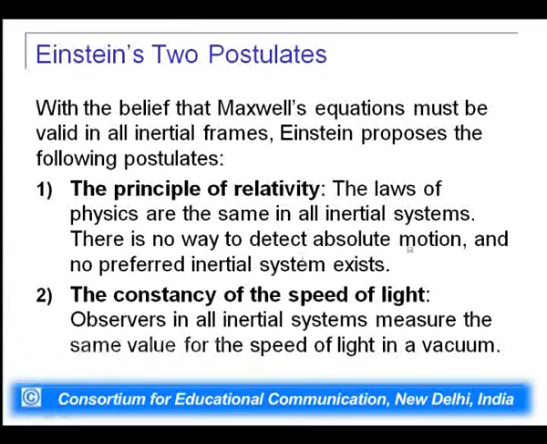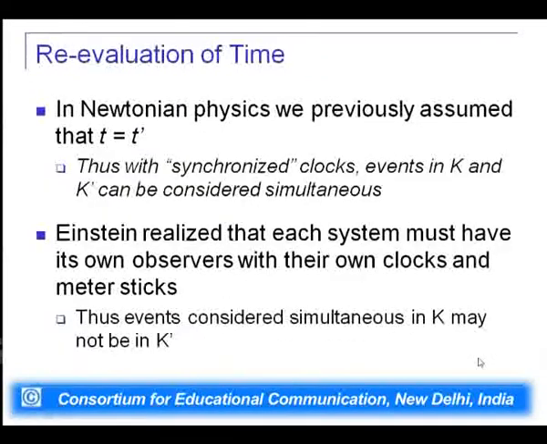There is no way to detect absolute motion, and no preferred inertial system exists. The second was the constancy of the speed of light. The speed of light is constant. Observers in all inertial systems measure the same value for the speed of light in vacuum. The speed of light is the same in vacuum or in any medium.